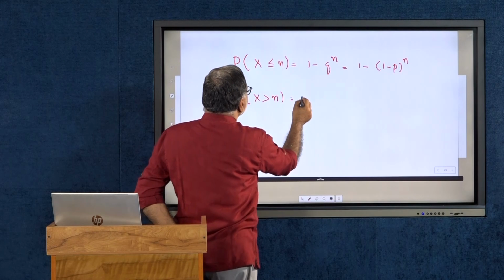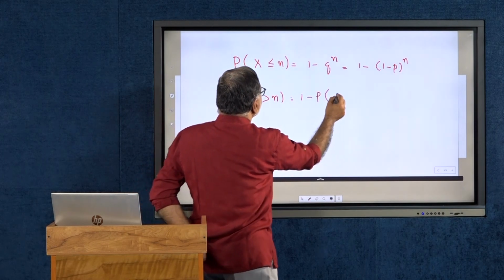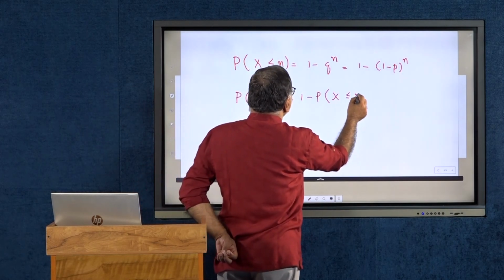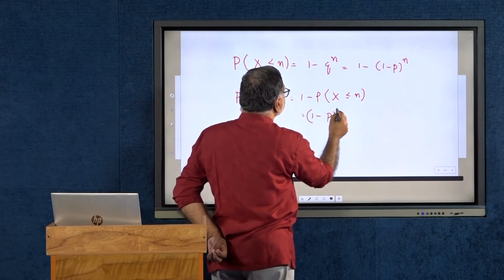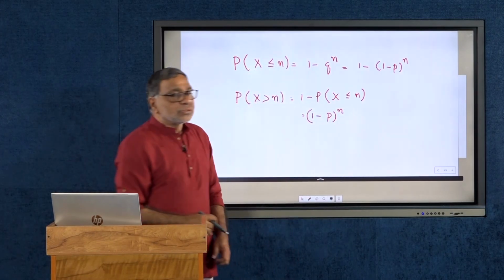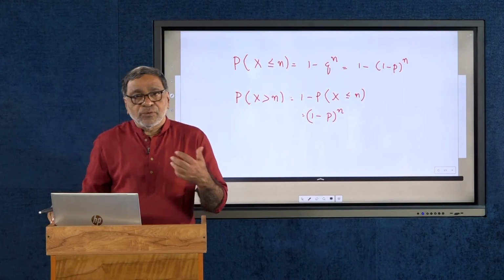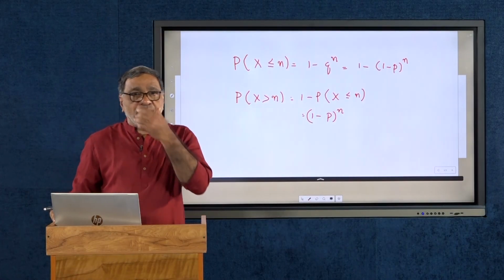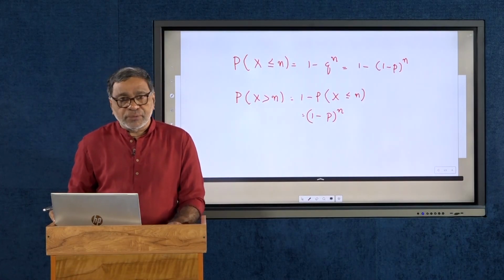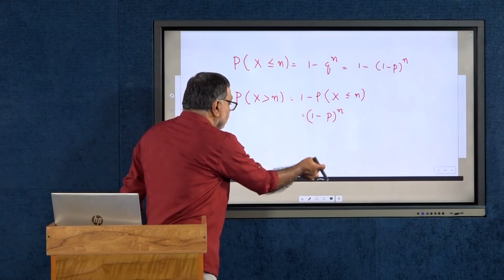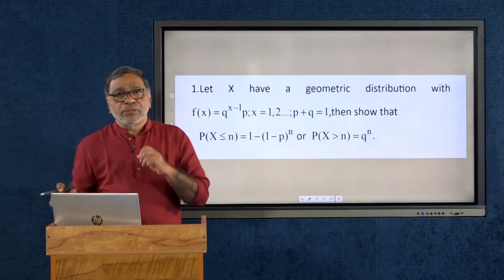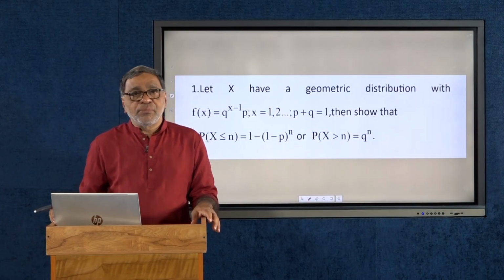That is 1 minus probability of x less than or equal to n, that is 1 minus p all power n. So, we have obtained cumulative distribution function and the complement of that, probability of x greater than n. So, these are the values related with the random variable x.